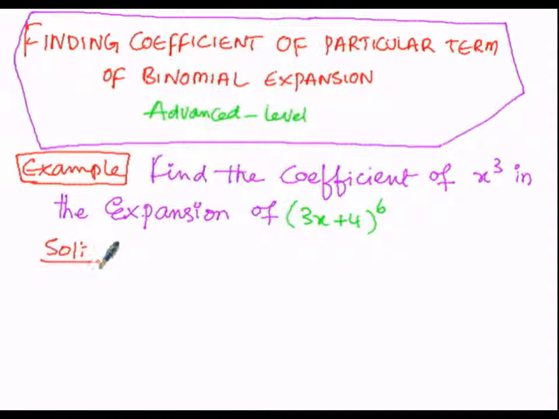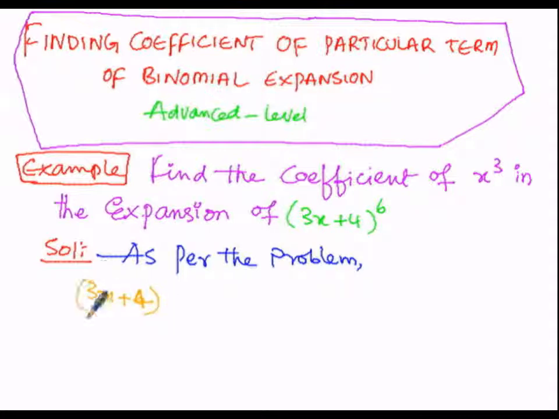So in our solution, as per the problem, the binomial which is given to us is (3x plus 4) whole power 6.